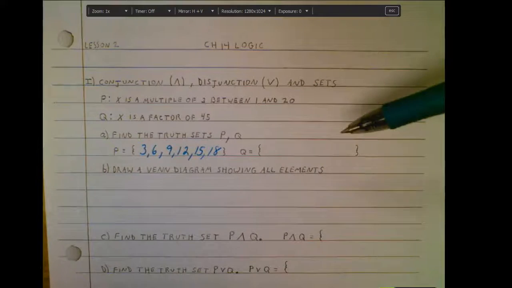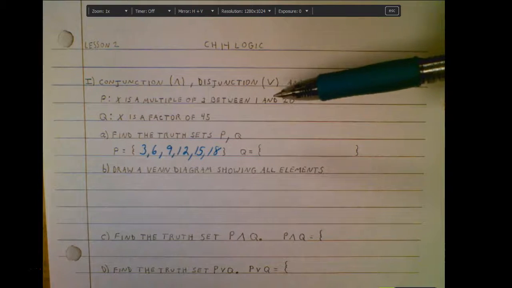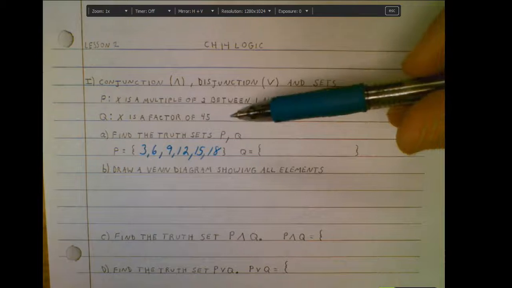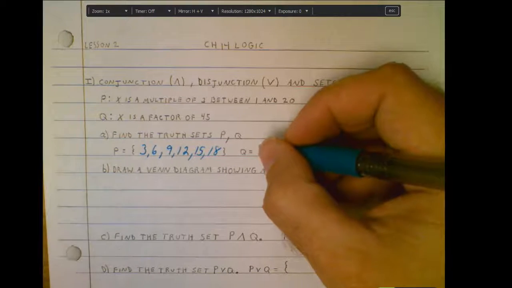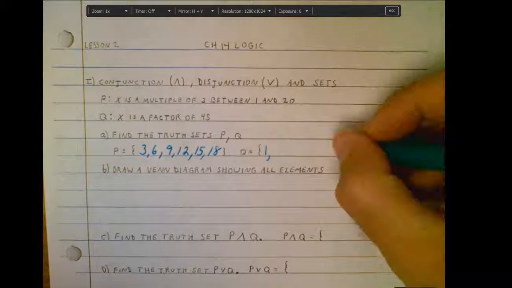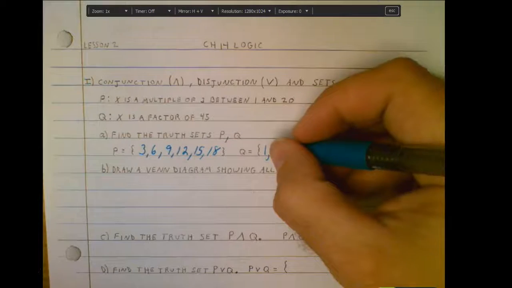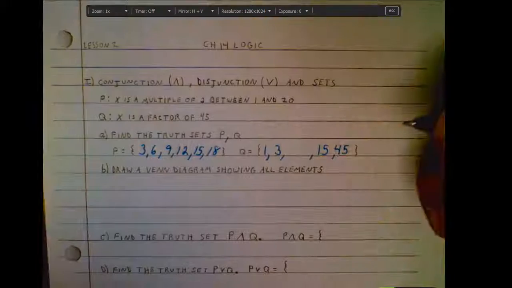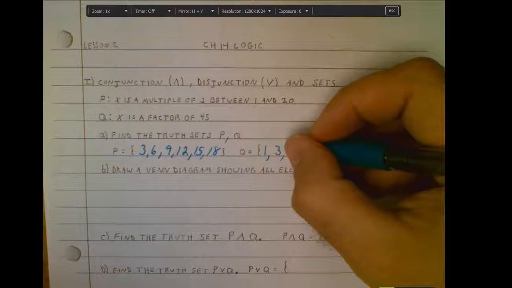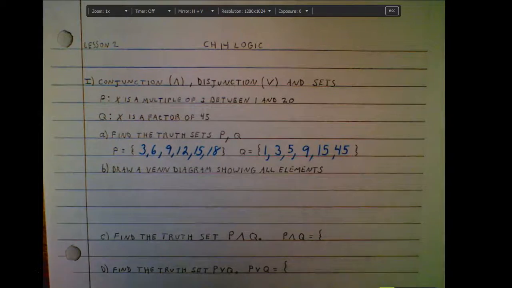It just is listing the set or the values or the elements that are in this set that you see right here. Factors of 45 for set Q. So kind of start with the outer ones. We know that 1 times 45, those are factors of 45. If we do 3 times 15, as well as 5 times 9. So those are all of our factors of 45.